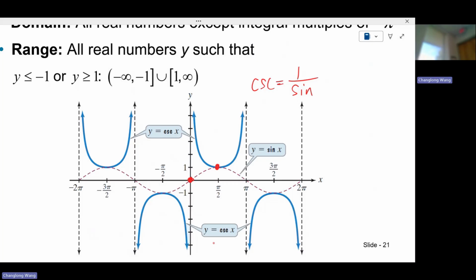But why does it go all the way down? I thought that at pi, sine is 0, so it's supposed to go to positive infinity. But why, on the other side of pi, does it go down? It turns out that this part of the sine graph is below the horizontal axis, so it's negative.